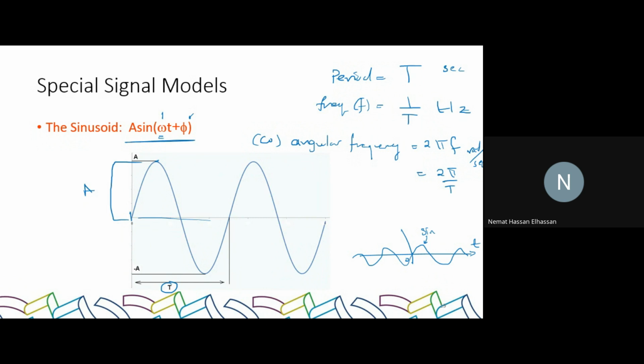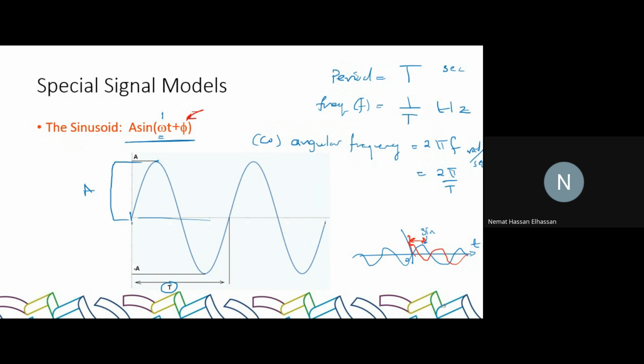The cosine signal is exactly identical in shape, but its peak value is not at 90 degrees. Its peak value is at 0 degrees. Cosine 0 is 1. So it is slightly shifted, right? So if you compare this peak to this peak, this distance is called a phase shift.